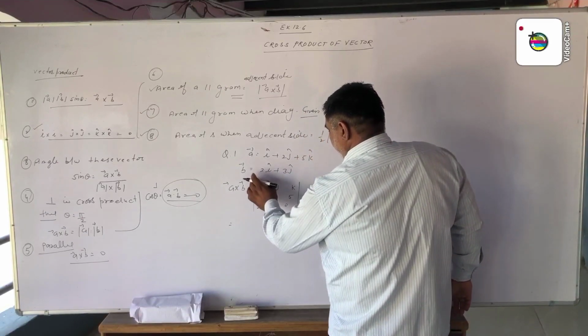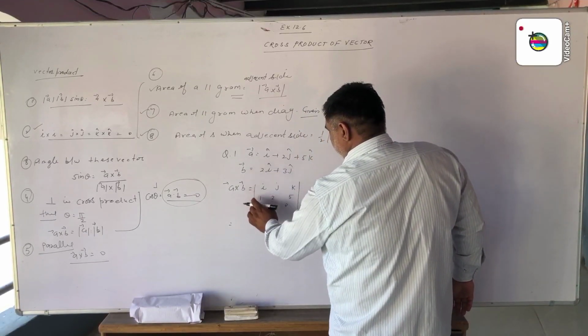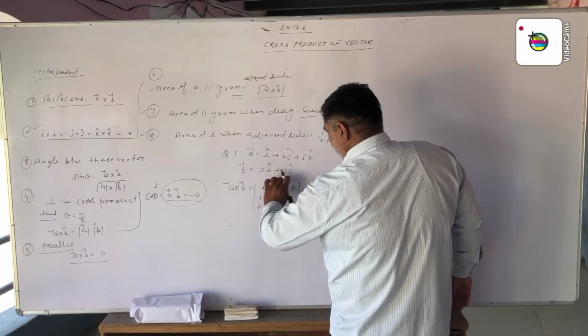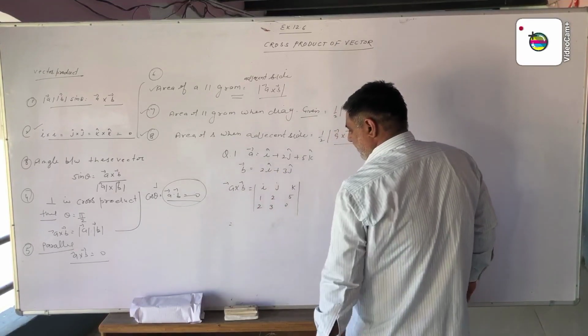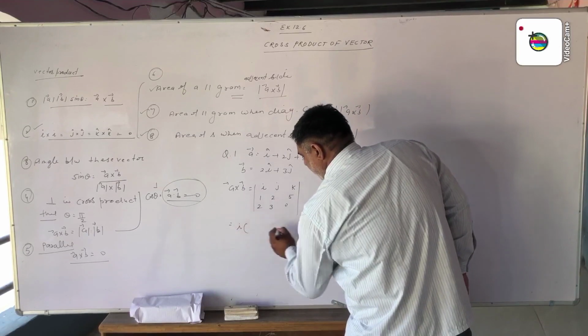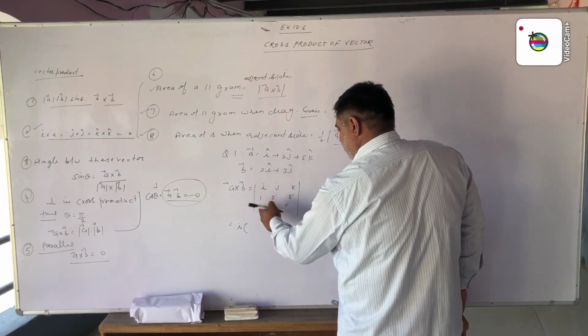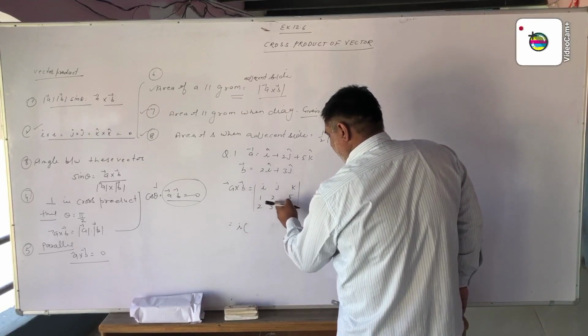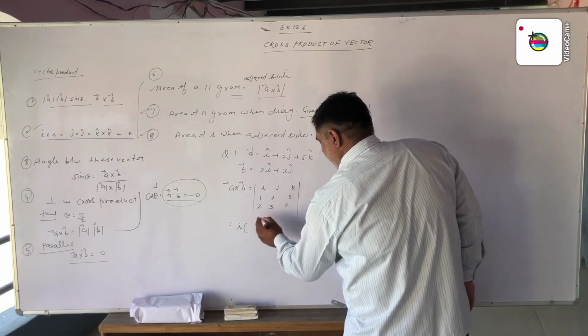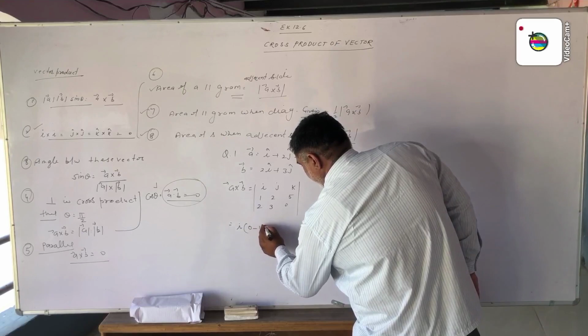Now we multiply. To find the i component, we cancel the row and column of i, and then multiply the rest. So i into (2 times 0 minus 5 times 3), which is minus 15.